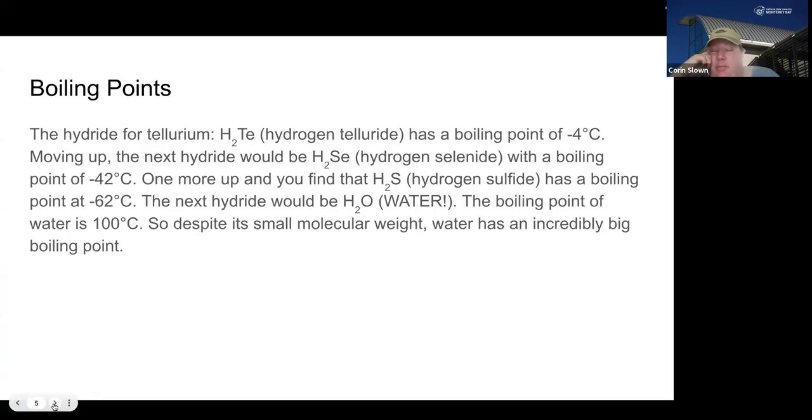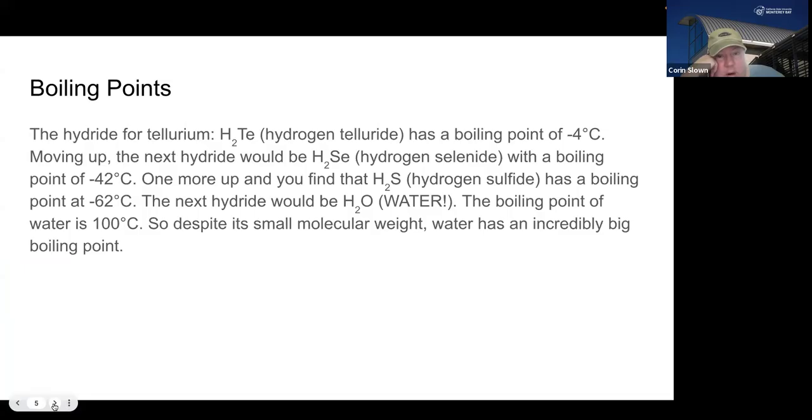So when we think about boiling points, the hydride for tellurium, or H2Te, or hydrogen telluride, has a boiling point of -4 degrees Celsius. If we kind of move up in our periodic table, the next hydride would be H2Se, so that's hydrogen selenide. It has a boiling point of -42 degrees Celsius.